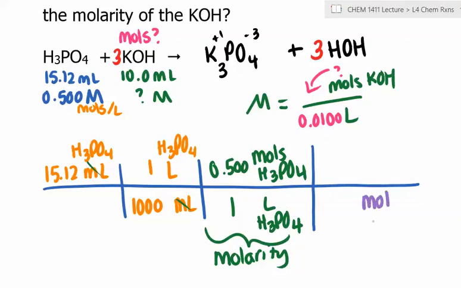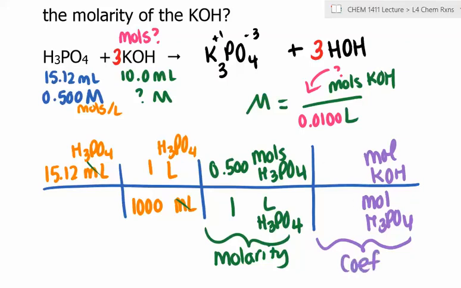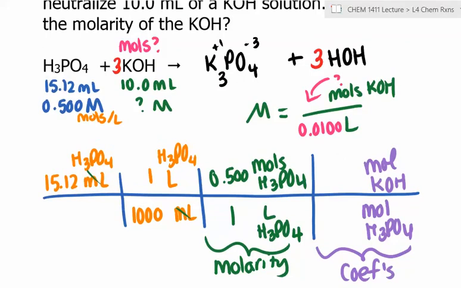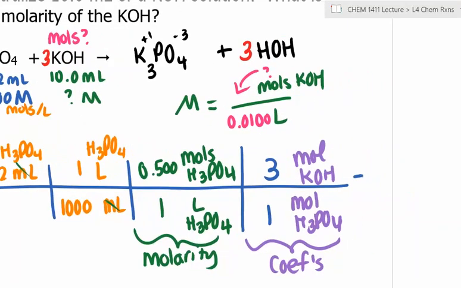So in other words, I can go from moles H3PO4, this is the stoichiometry part. I can go to moles of the substance that I'm interested in, potassium hydroxide. Where do I get the numbers to do this? This is where I use the coefficients. So for the phosphoric acid, it's a 1, and for the potassium hydroxide, it's a 3. And then if I multiply this out and divide, I get 0.